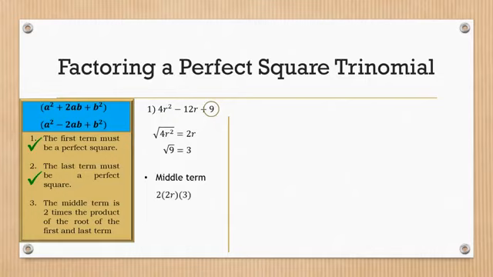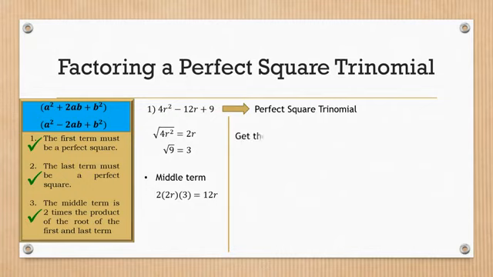Okay? So that is 2 times 2r times 3, and that is equal to 12r. So check. Is 12r the same with here? Pareha? Pareha. So meaning pasok yan. So we can now say, therefore, that this is a perfect square trinomial. Okay?